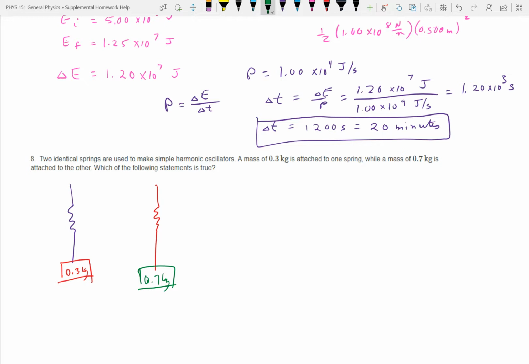Do both springs have the same frequency? I pulled out the two equations that relate this. Do they have the same frequency? Which is the same as asking, do they have the same angular frequency? No. Why not?